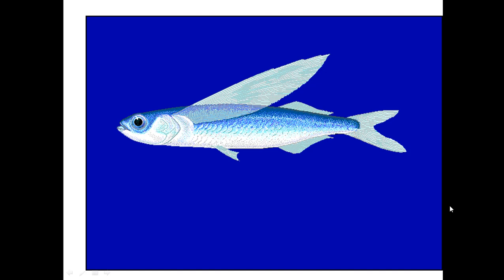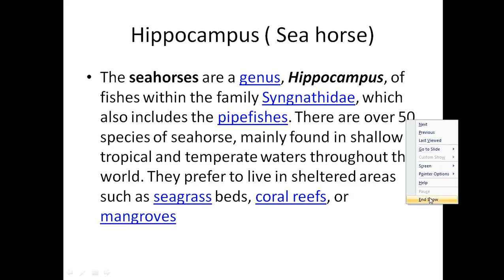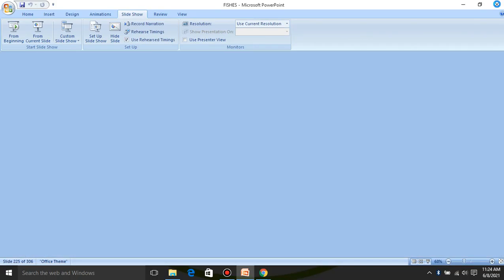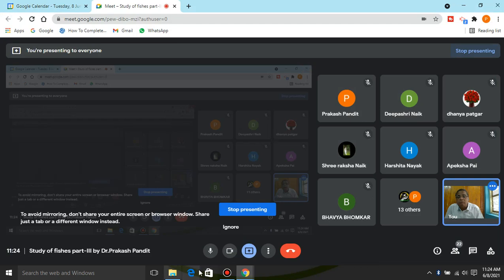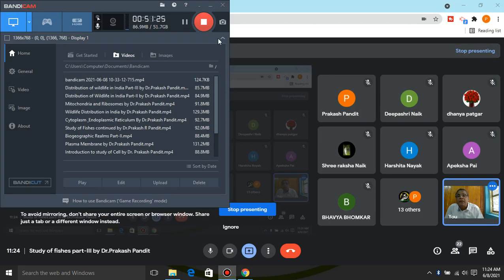Because of the speed, it is pushed out of the water, and when it comes out into the air, it spreads its pectoral fins so that they function as a parachute. They can glide in the air with the help of these extended pectoral fins and cover up to 400 meters. Okay, this is what I wanted to discuss for the day, and we will continue.